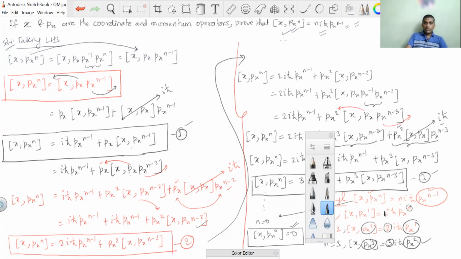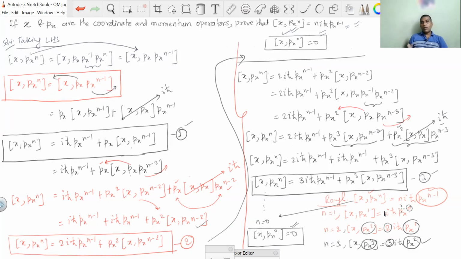Let me write over here: the commutator of x, px power 0 equals 0. Clear? And we can see that the power on right hand side is reduced by amount 1, and we are getting n on right hand side.